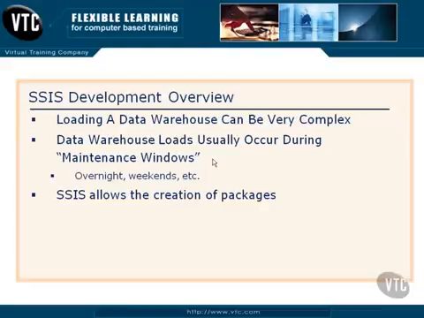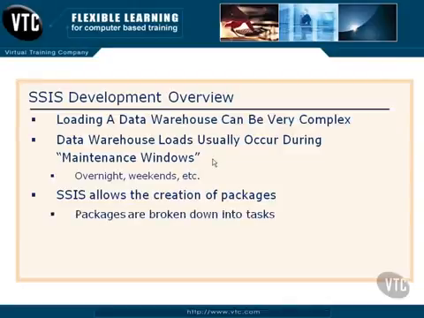Now, to make these kinds of complex loads happen, we need packages that go step by step, and then branch based on certain conditions. SQL Server Integration Services, SSIS, allows the creation of those very packages. Those packages are broken down into individual tasks called data tasks or data flow tasks.